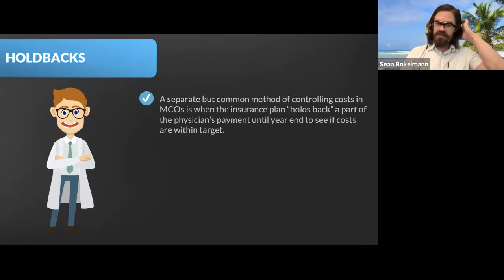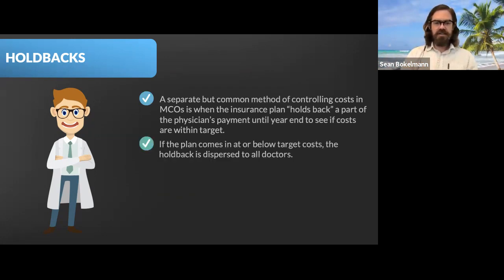All right. Another provider or supply side intervention are known as holdbacks. So this is basically when the insurance plan holds back a part of the physician's payment until the end of the year to see if costs are within their targets. And if the plan comes in at or below the target costs, then that holdback is dispersed back to the doctors.